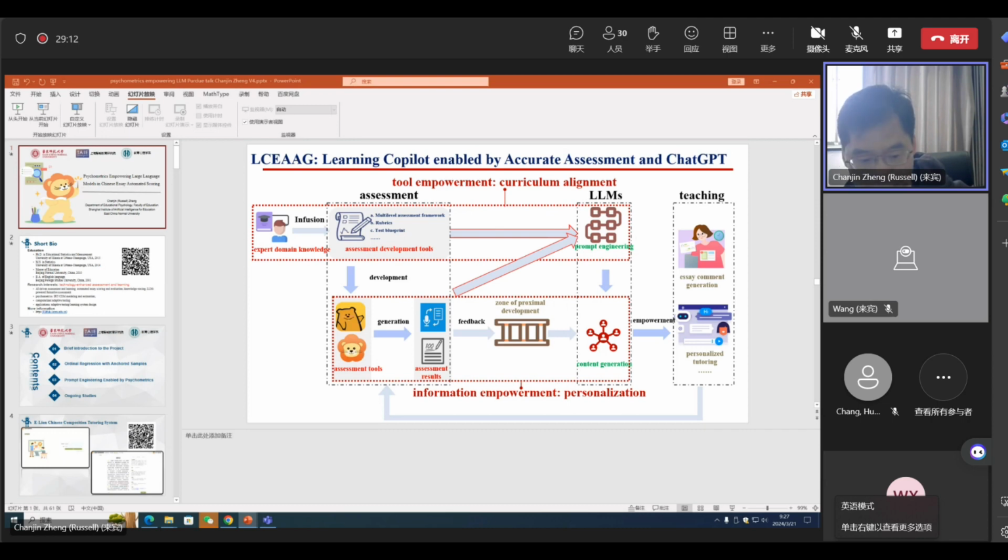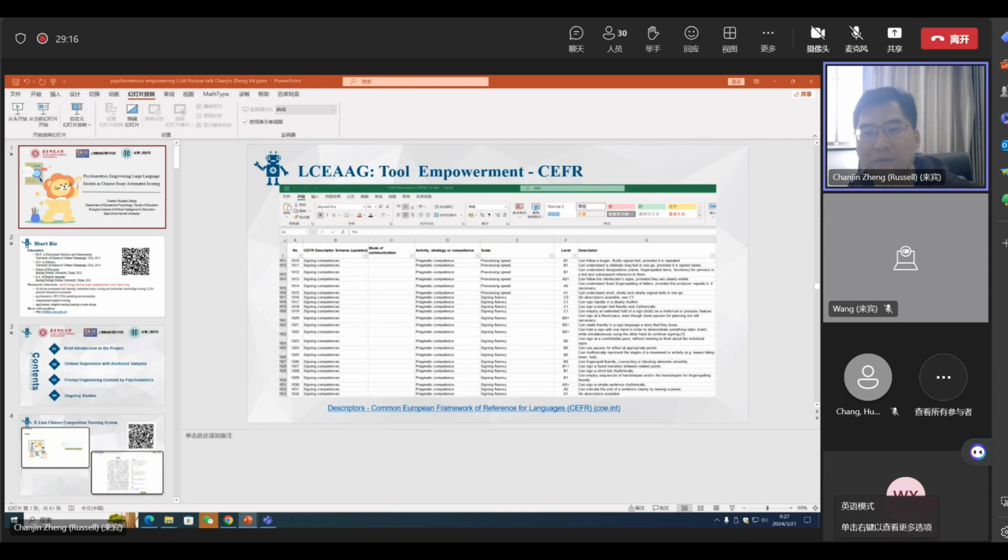Let me give you an example of an assessment framework: the Common European Framework of Reference for Languages. If you are in language assessment, you are quite familiar with it, and you may have heard of it. At the bottom level of this framework, they are called descriptors. For our psychological assessment, we may call them indicators.